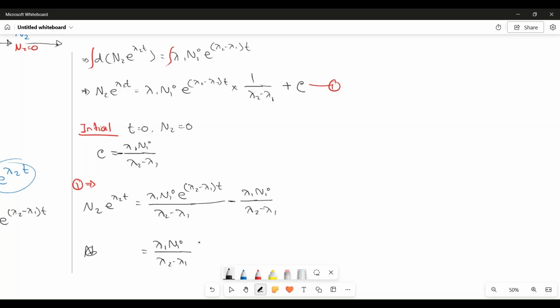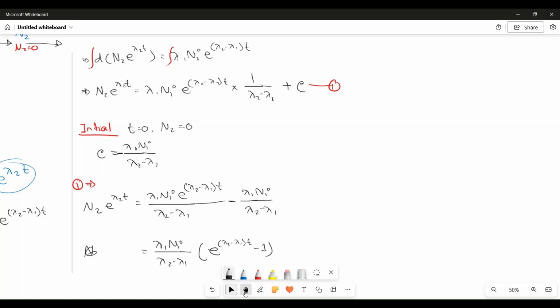Sorry, I'm reading it as y. This is not y, this is lambda, and it will become lambda e to the power lambda 2 minus lambda 1 t minus 1.